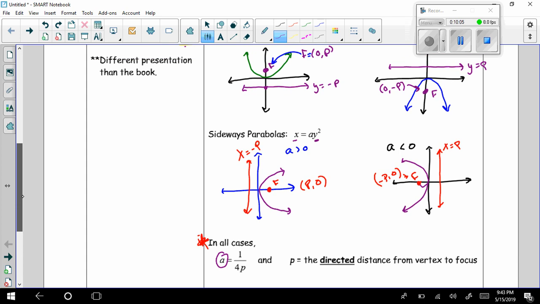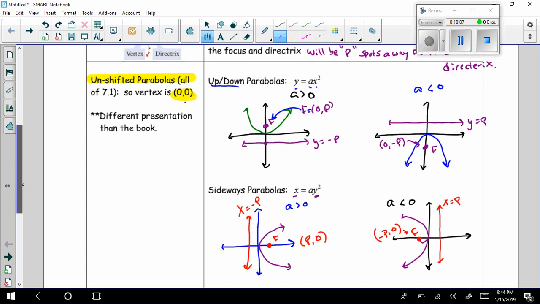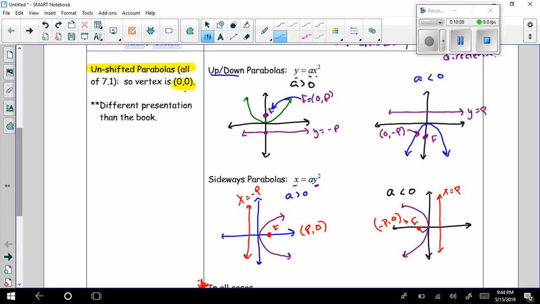First, let's just summarize this one more time so that when we do an example, we can know just by looking at the equation what we're looking at. So up here, when you have y equals x squared, the vertex is going to be 0, 0. The focus will be 0, p.